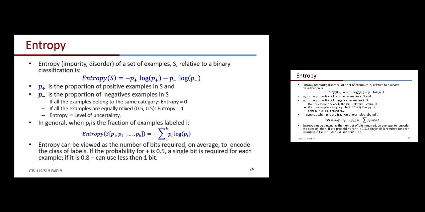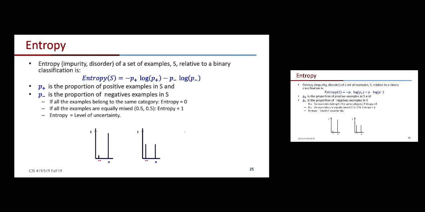And of course, I can generalize this to the case where I have k values, every discrete distribution. So if I have, rather than 2 options, k options, the distribution is going to be P1 up to Pk, and the entropy is going to be the sum of Pi log Pi, with the negative sign. So let's just think about it this way. So here are 3 distributions over 2 values, plus and minus. Which one is going to have the lowest entropy?